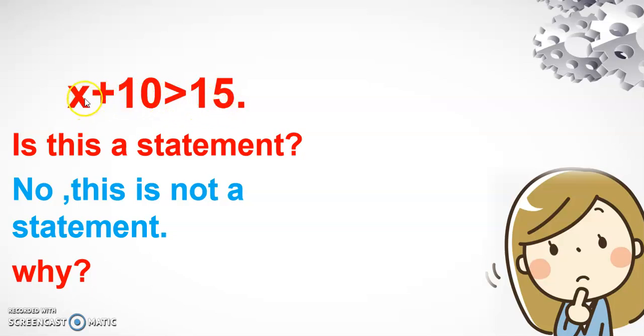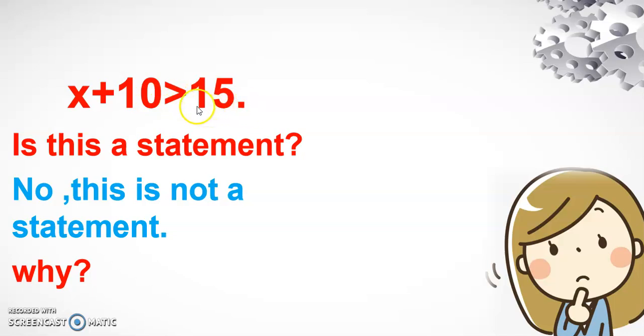Or otherwise, if I take 3, or 4 or 5 as the value of x, the other numbers which are less than 6, then x plus 10 becomes less than 15. So this sentence is not always true, isn't it? Yes. Okay. When is it always true?